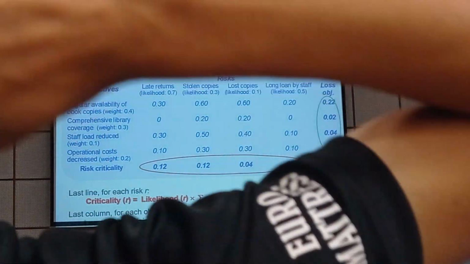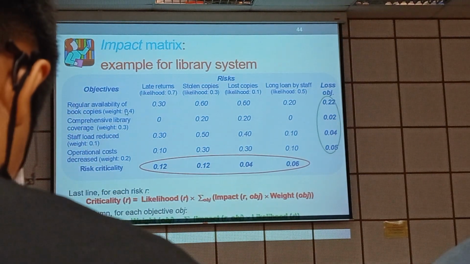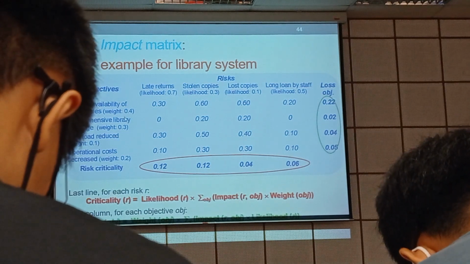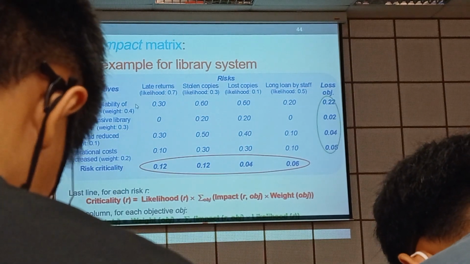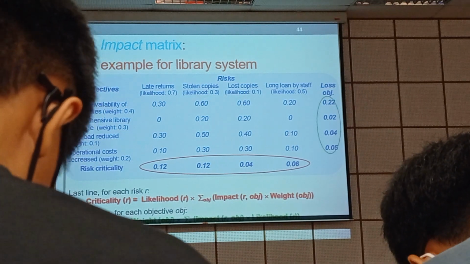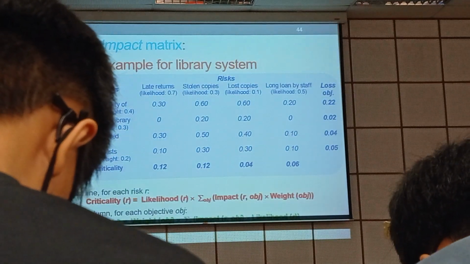Hey, sorry, I made a mistake. This is impact multiplied with the weight, right? So this is the impact and this is the weight. So multiply with the weight. Wait, I show you one example, otherwise it is confusing. What's the time? Ten, class, five minutes, I show you one example.